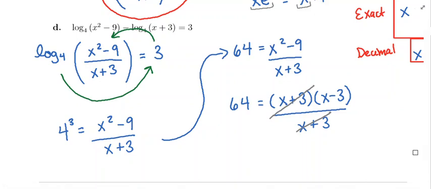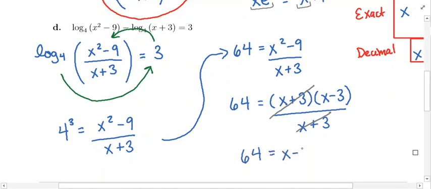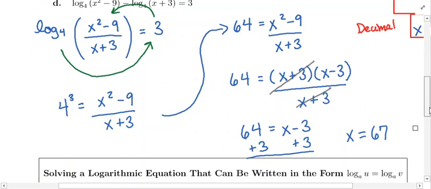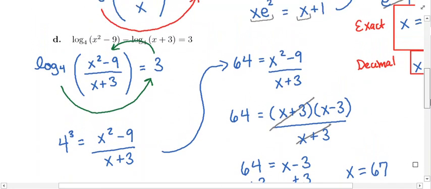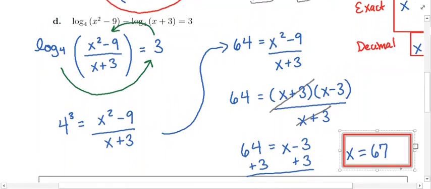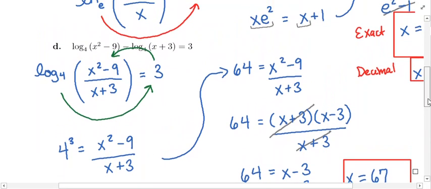So you get left with 64 equals x minus 3. And then that's really easy to solve for x. We just need to add 3 to both sides. So our answer here, the x value that makes this a true statement, is 67. That's the value of x that's going to make this equation a true statement. And that's it. So there was a little trick to that one.